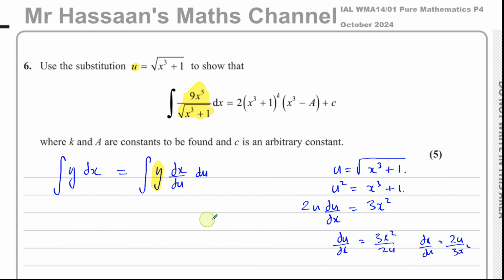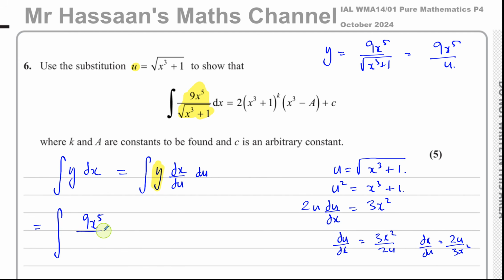So this is going to equal the integral of y, which is 9x to the power 5 over the square root of x cubed plus 1. They've told us to replace all of this with u, so this is going to be 9x to the power 5 over u. I'll write it out like that first and see if anything cancels.